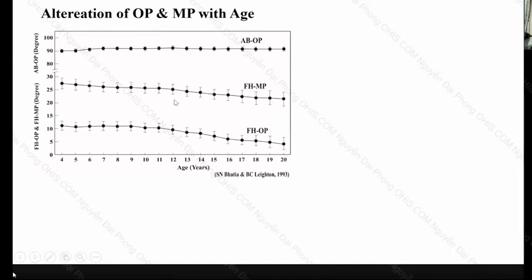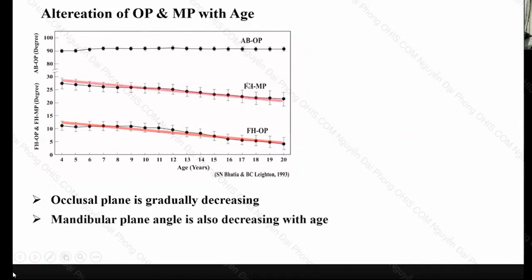From 4 years old up to 20 years old, every year the occlusal plane changes, slowly flattening, posteriorly down. Then at the same time, the mandibular plane angle here is also slowly decreasing.